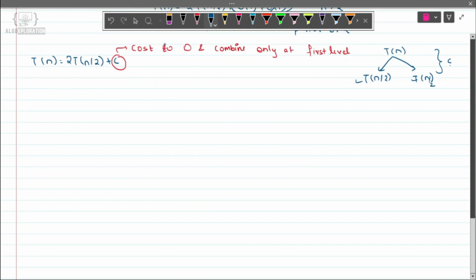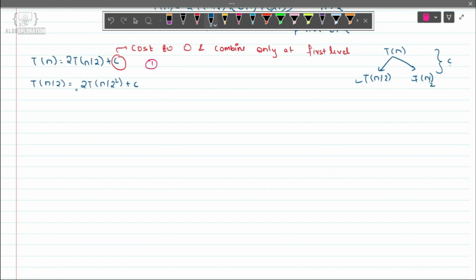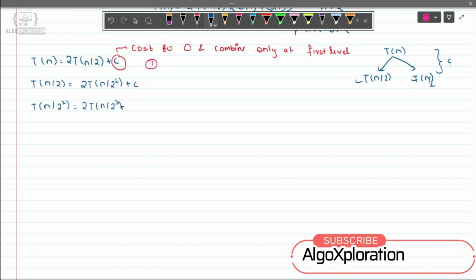Now let's say this is the first equation. T(n/2) equals 2T(n/2²) plus c. I have simply replaced n with n/2. So T(n/2²) will be 2T(n/2³) plus c.